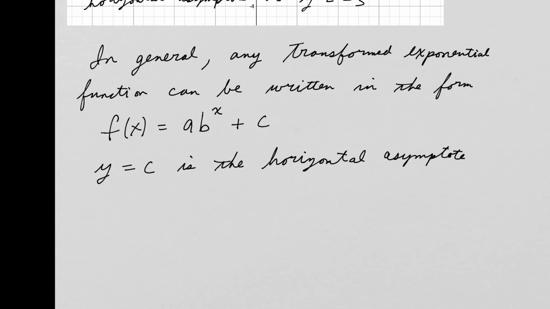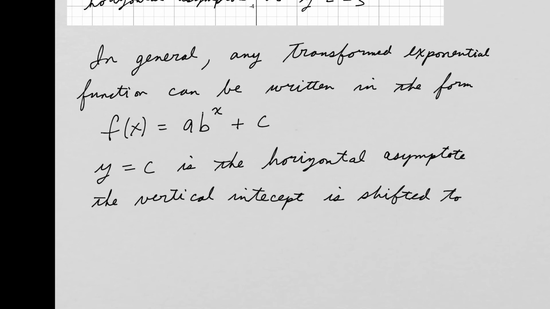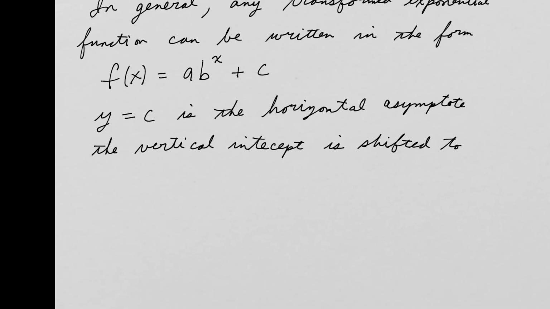And the vertical intercept, which originally, right, is at 0, a, is now shifted to 0, comma, and now the y coordinate is going to be, instead of a, it's going to be a plus c.